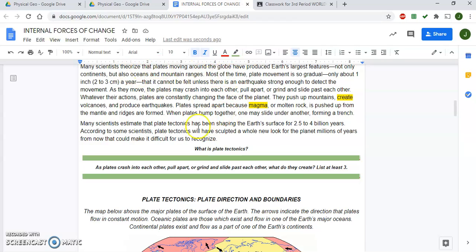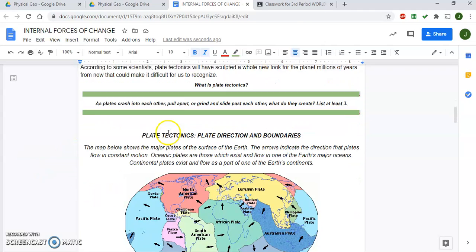So you'll read this little description, and then tell me in your own words, in a complete sentence, what plate tectonics is. On the last part, as plates crash into each other, pull apart, grind, or slide past each other, what do they create? List at least 3. I know they list at least 4 in there.